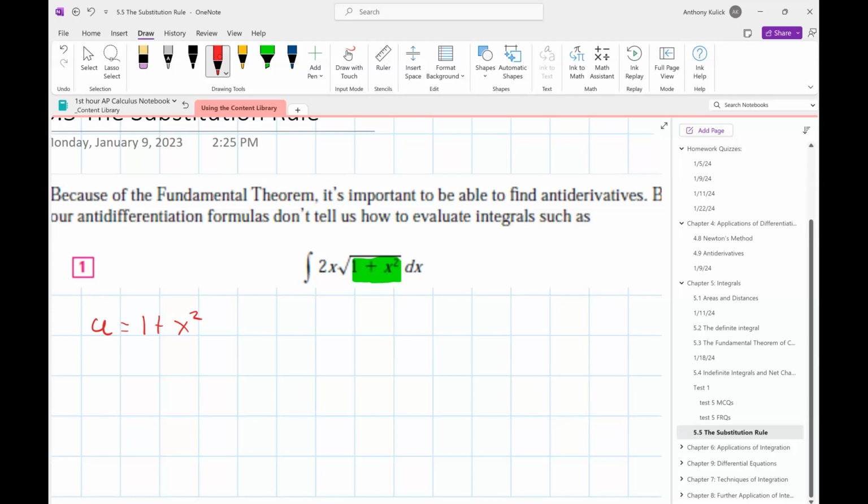And now what we want to do is calculate du dx. So the derivative of 1 plus x squared is 2x. And if I multiply both sides by dx, I get that du should be 2x dx.